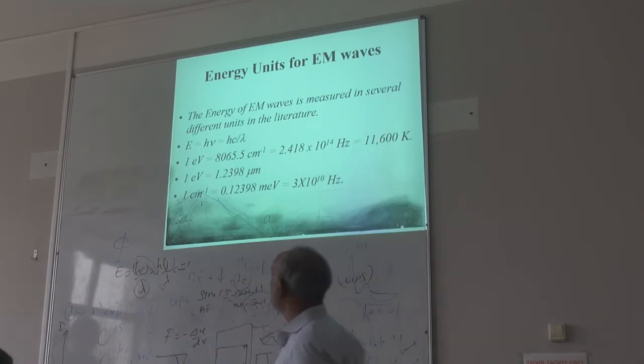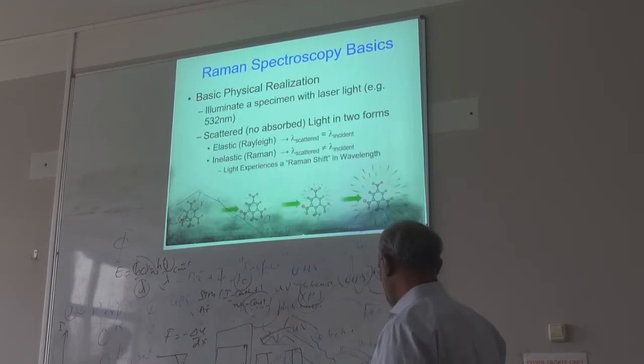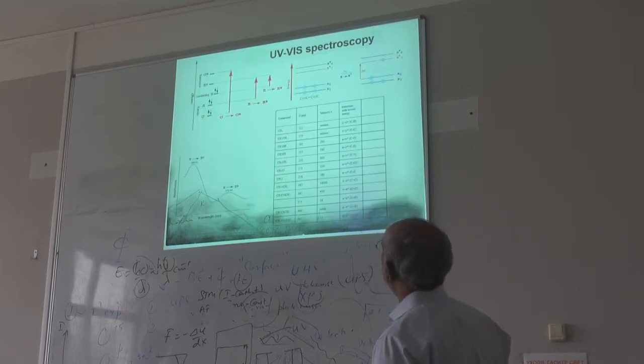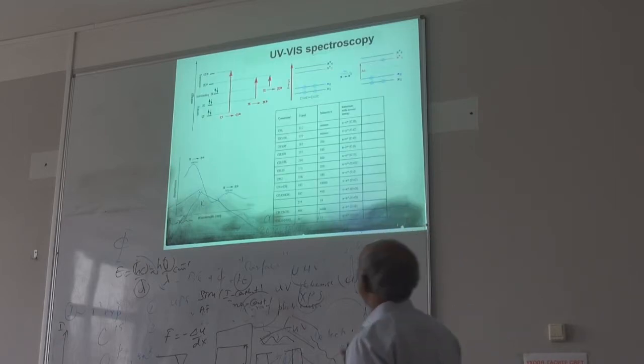Also, you can convert them into temperature. Everybody should know this one, right? 1 electron volt is 1.23 over your lambda. All these things are very important to remember. So then, probably you have a UV spectrometer. I think that's very common, right?